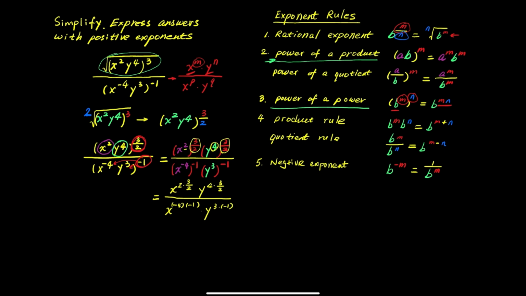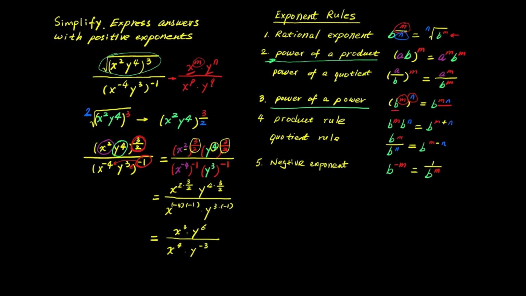All right, then simply this can be written as x, 2 times 3 over 2 is 3. Then times y, 4 times 3 over 2 is 6. And then divided by x, negative 4 times negative 1 is positive 4. Times y, 3 times minus 1 is minus 3.